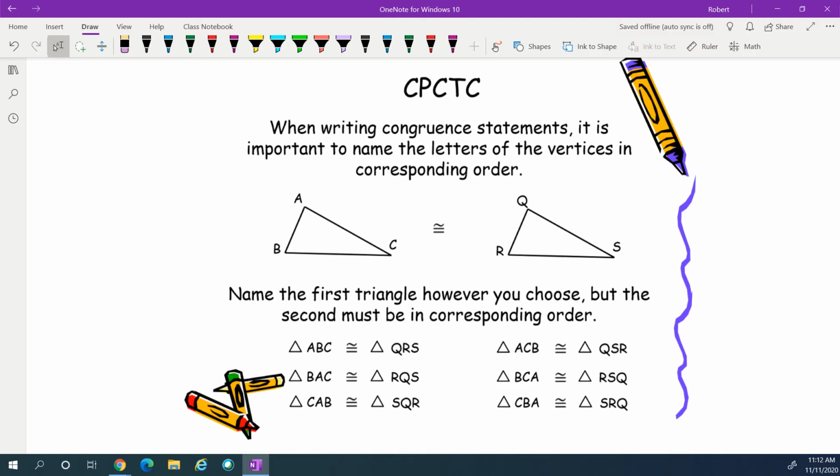If we just took triangle ABC and slid it over, A would land right on Q. B would land on R. And C would land on S.